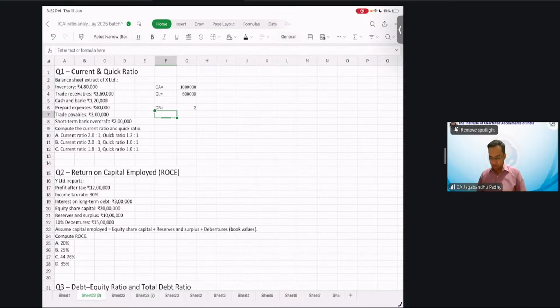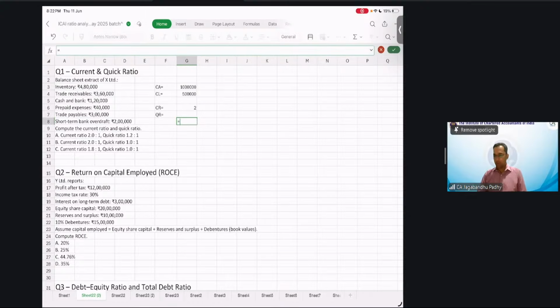And when it comes to quick ratio, it will be current assets minus inventory of 4,80,000 and further prepaid expense of 40,000, divided by the current liability.